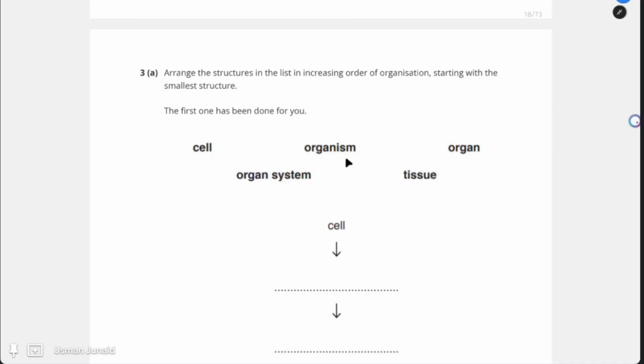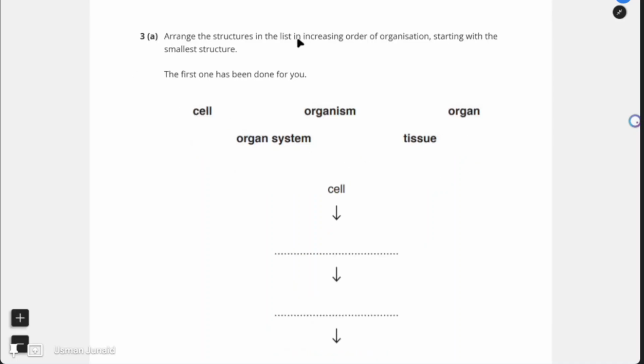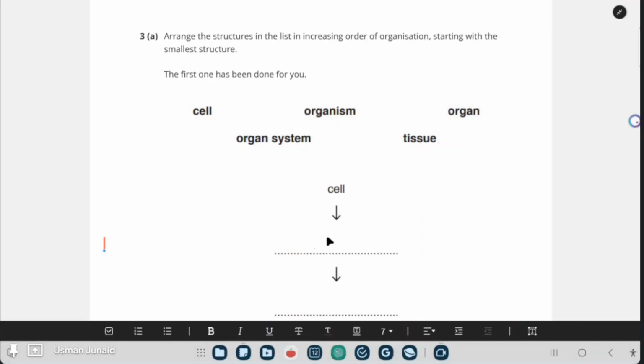Okay. So arrange the structures in the list in increasing order of organization with the smallest structure first. The first one is cell. So after cell, what would be next? It would be tissue, right?